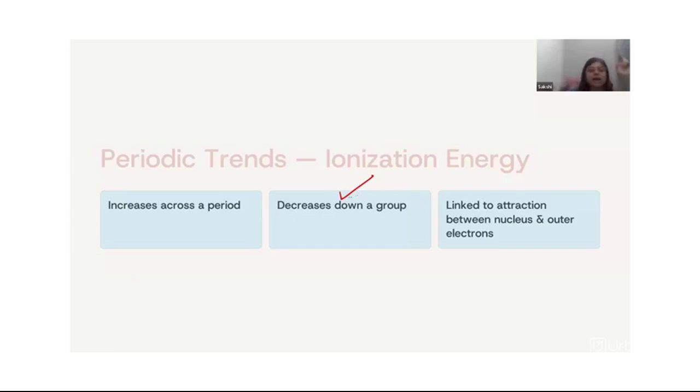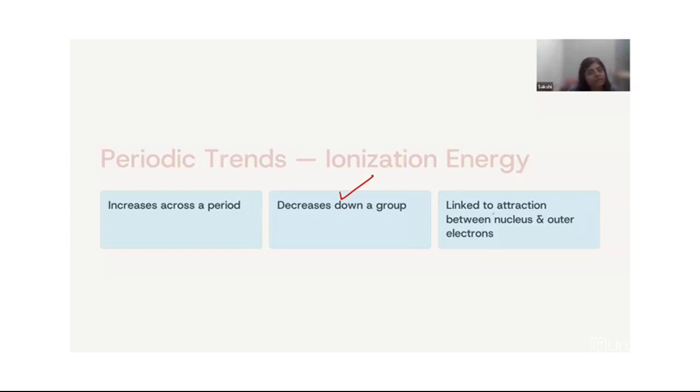Okay, next. When we go left to right across a period, I told you that the size decreases, and I also told you why size decreases. It is because of the greater effective nuclear charge. So if the nucleus is holding the outermost electron with a greater force, what happens? The ionization enthalpy in this case would increase, because now it becomes very difficult to remove an electron because the size is small.